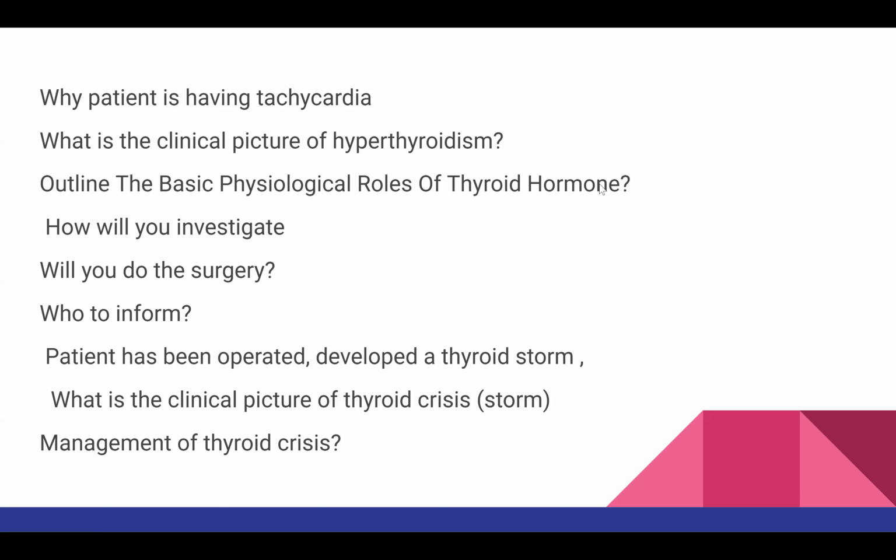It helps maintain the heart rate. Then it has a role in basal metabolic rate, and also in maintaining the mental state of the patient, along with weight management. And also regarding hypertension.